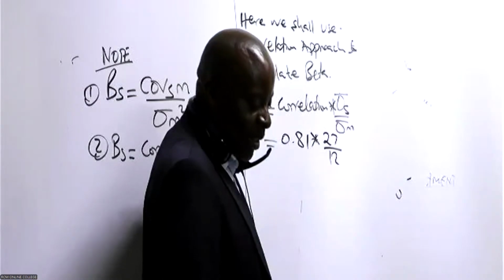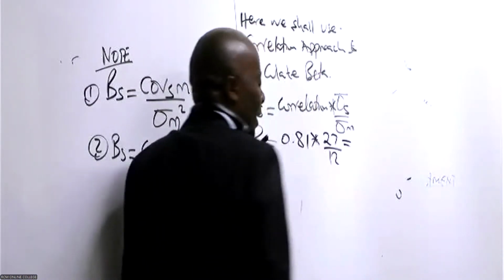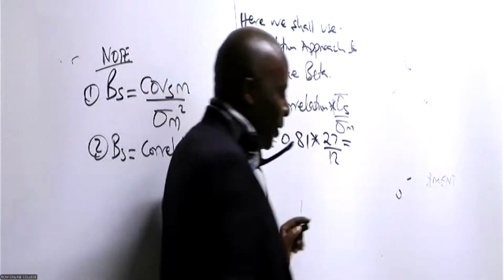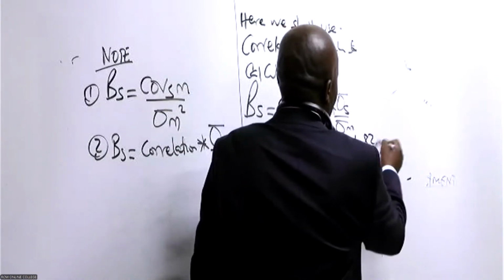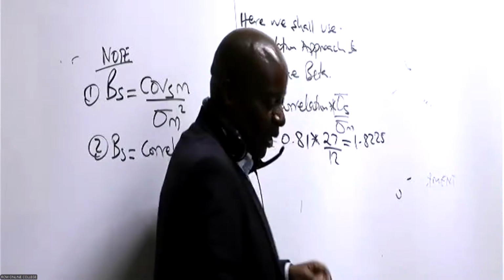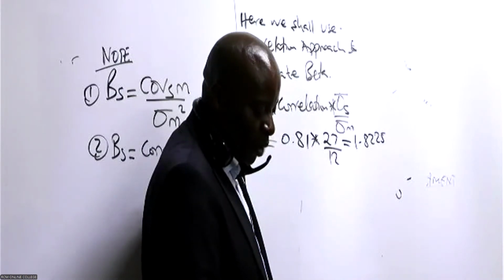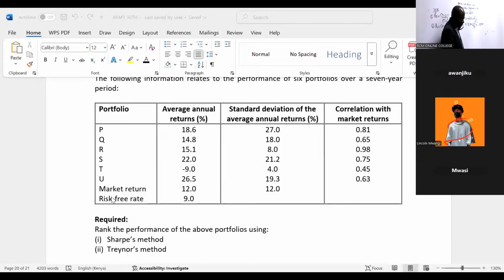So they are giving us an answer here. They're telling us that the beta for P equals, Marvin my friend, 1.8225. Is that okay? I repeat, why 12? It's because you see the standard deviation of the market. The examiner never wanted to give it to you directly. They only gave it here, under the market return.